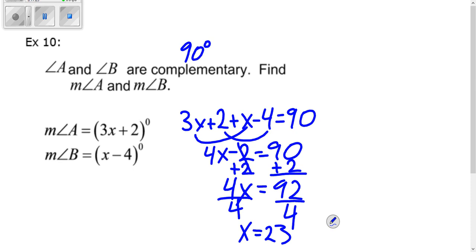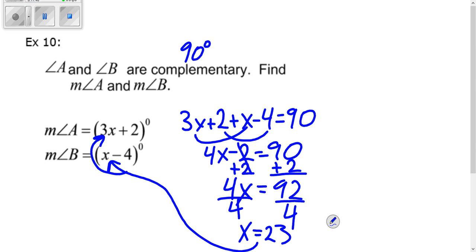But our problem is asking for the measure of angle A and the measure of angle B. So we need to take that and plug it back in for x in both of those.